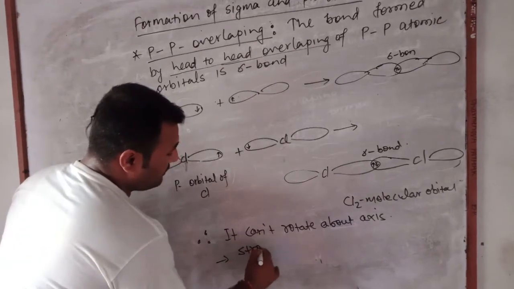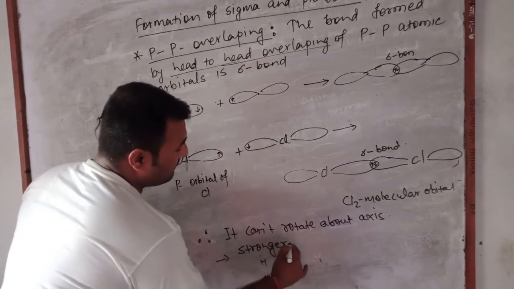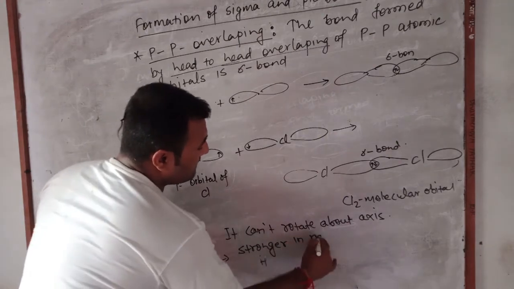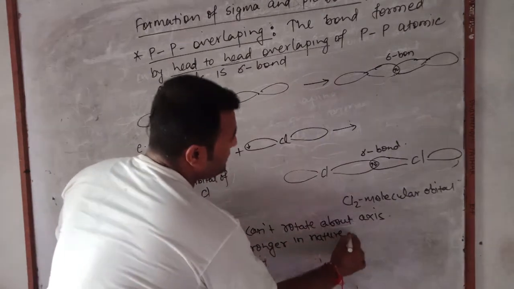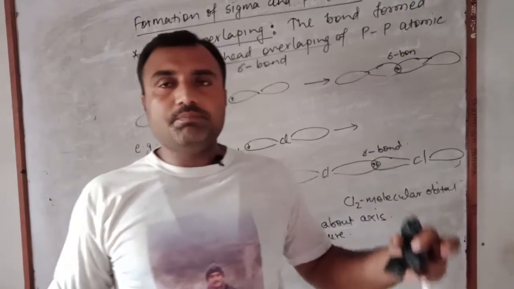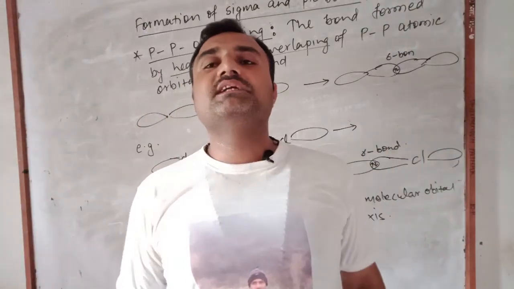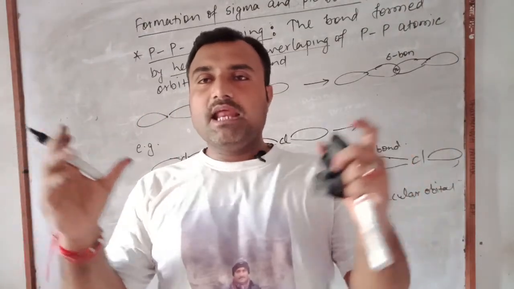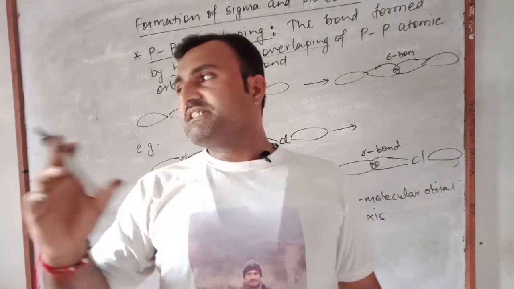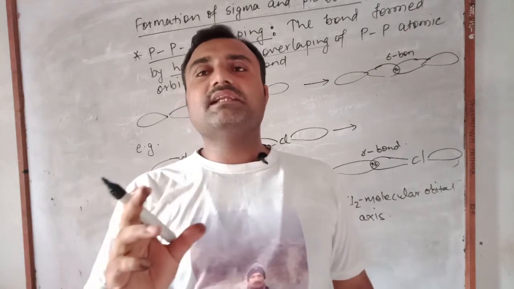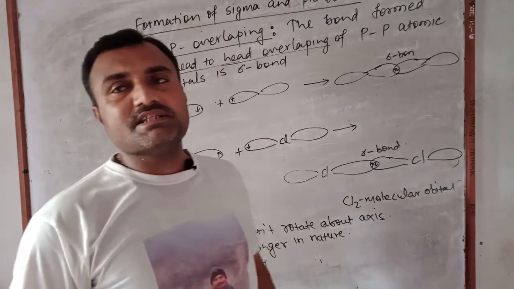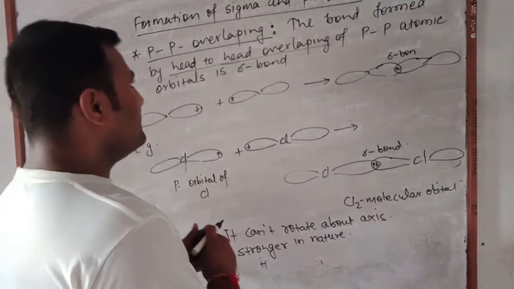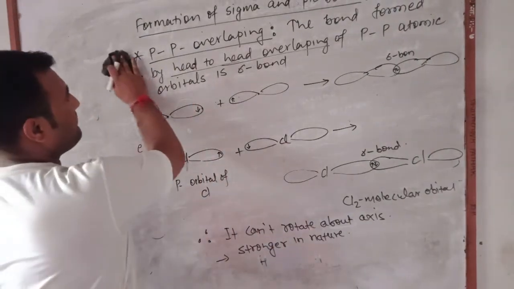Therefore the sigma bond is stronger in nature when pp head-to-head overlapping, ss overlapping, or sp overlapping takes place. Then a greater extent of overlapping is possible and the bond is stronger in nature.